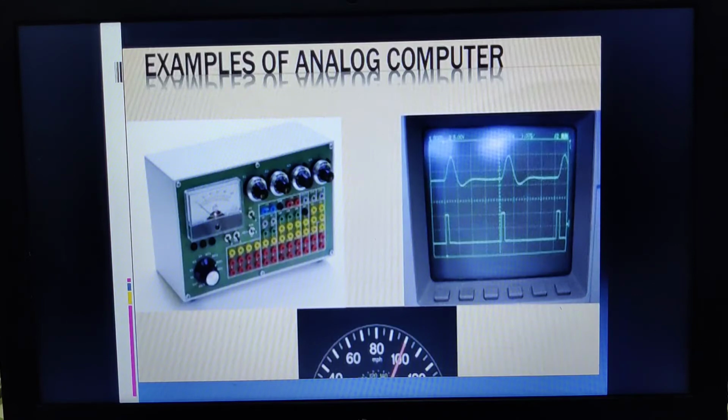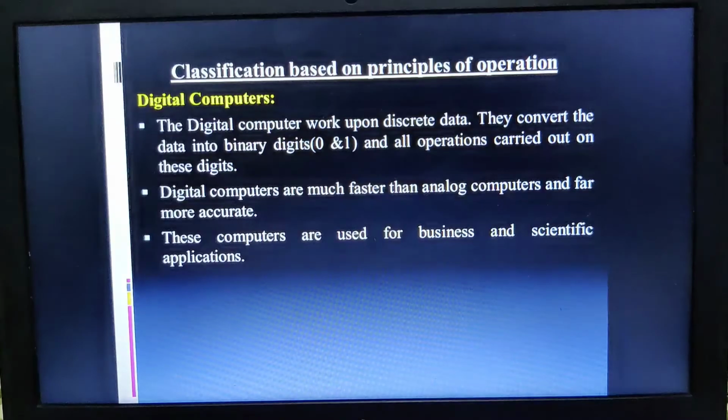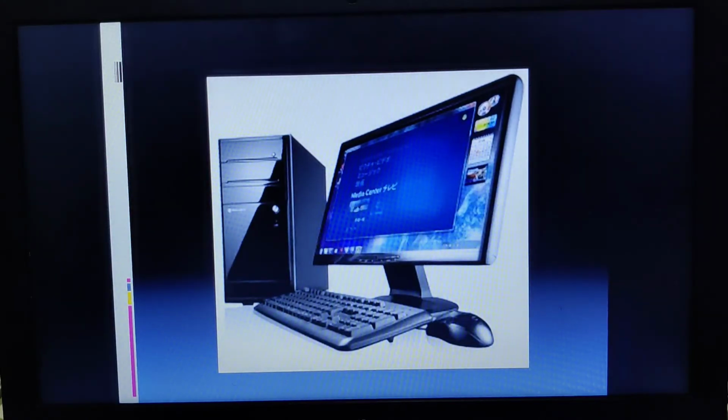So moving on to the next type of computer, that is the digital computers. Whatever present computers we have are nothing but digital computers. Digital computers operate with numerical information, where the data is represented in digital form.